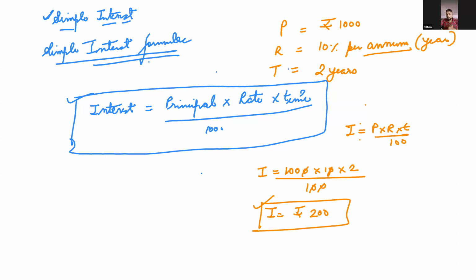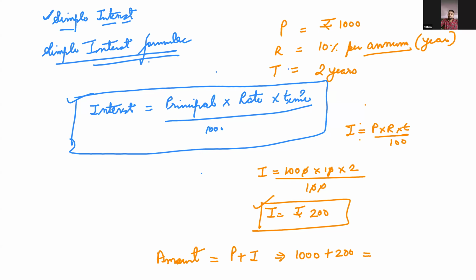So what does this mean? This means that when Jahoan gives me my 1,000 rupees back, he will give me 200 rupees more. Understood, guys? Whenever he gives my money back, he will give me 200 rupees more. So how much amount? A stands for amount. The amount is principal plus interest: 1,000 rupees is the principal which I gave to Jahoan, and the interest for 2 years is 200 rupees.